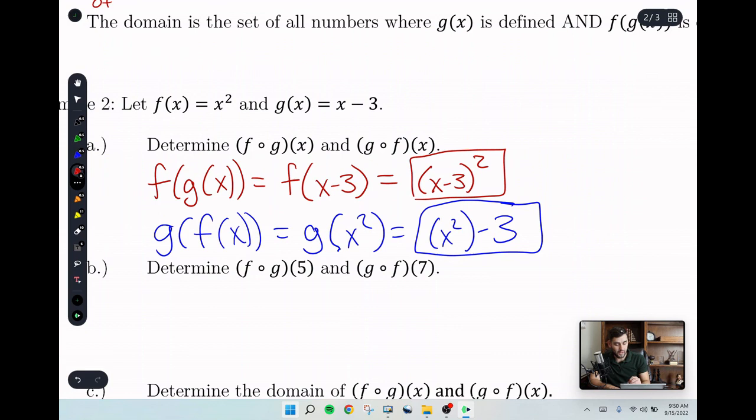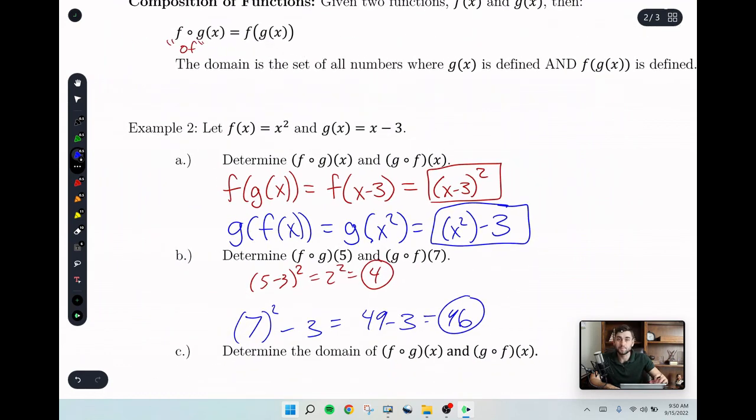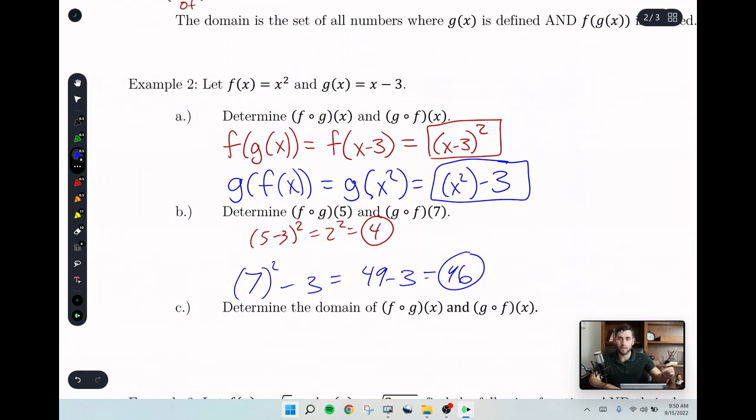So red function, if we plug in 5, we get (5 minus 3) squared. 5 minus 3 is 2, squared is 4. And for blue function, g of f of x, we get 5 squared minus 3, 25 minus 3, 22, something like that. Okay, working our way through slowly.